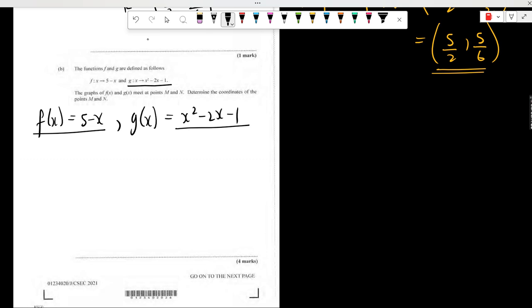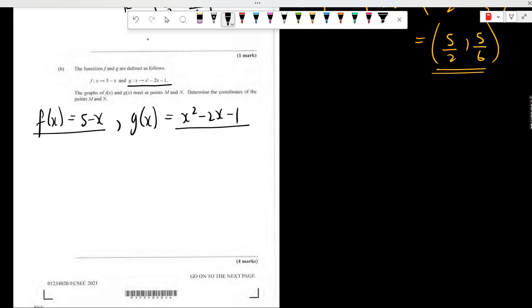Which one? Absolutely not, g of x cannot be a straight line. It has an x squared term. That is a quadratic, so it's a curve. The straight line is 5 minus x. Okay?